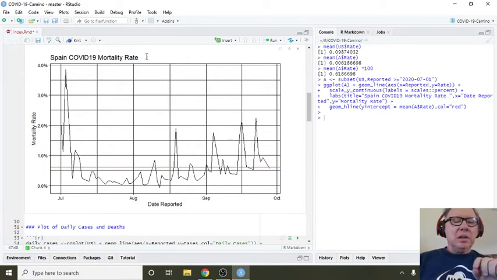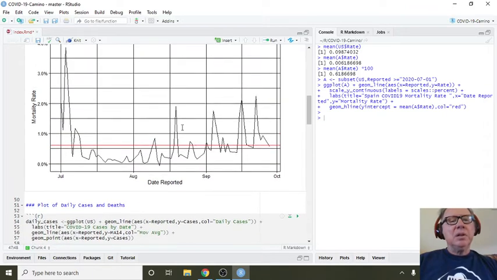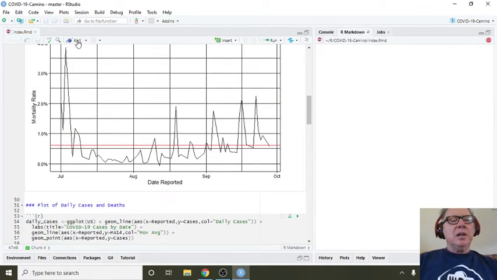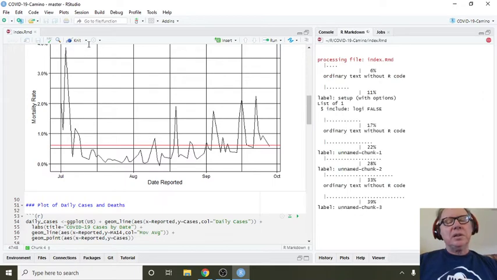Overall, again, these spikes to me are a little concerning because I just don't think there should be that much volatility. But anyway, you can see that right now it's dropping from 2% back down to under 1%. So what's the real moving average? Honestly, I don't know. What's the mortality rate? It's hard to say because of the volatility.